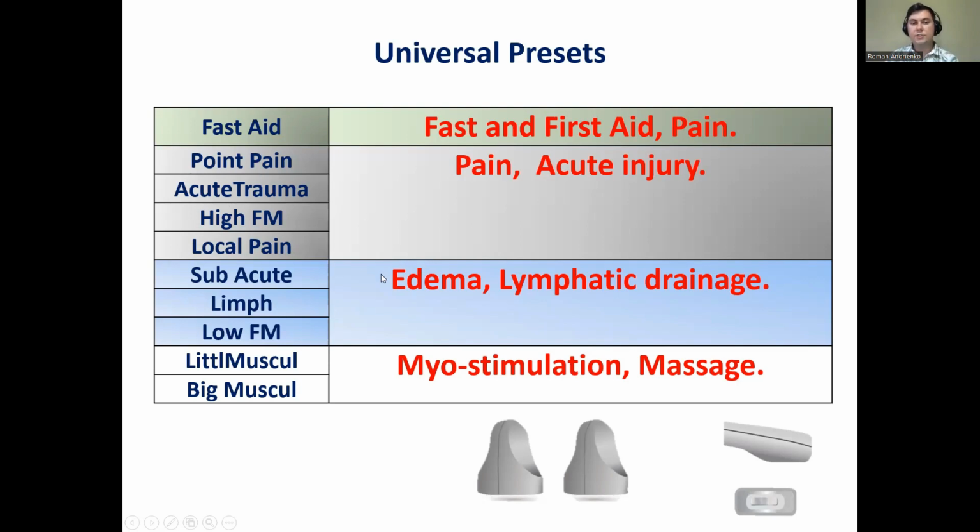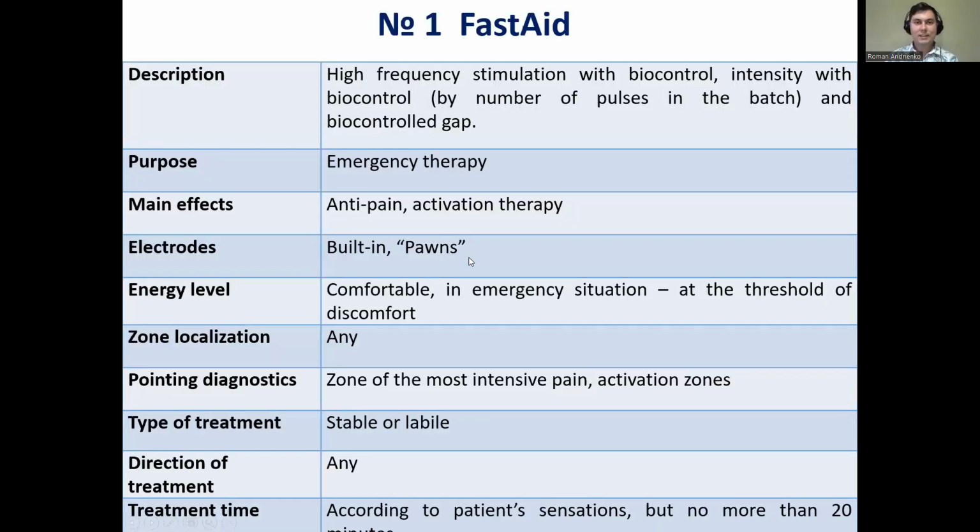For addressing edema or improving the lymphatic drainage in our patient's body, we have the presets called subacute, lymph, and low frequency modulation. And for massage, for myostimulation purposes, we have little muscle and big muscle. No big rocket science here. And we'll start with preset number 1.